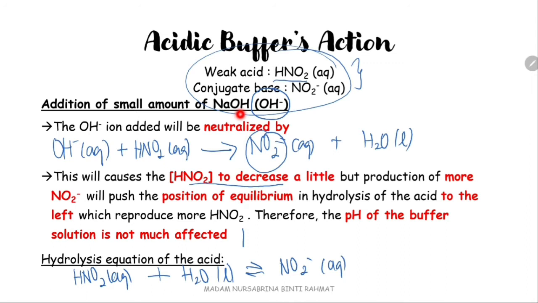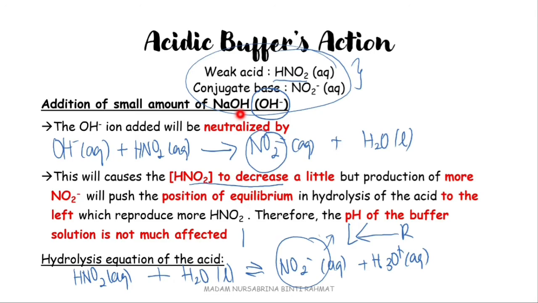We use it and now we reproduce it again by shifting the chemical equilibrium from right to left, because of the increasing concentration of NO2 minus. So reproducing the used-up HNO2, our nitrous acid, results in the pH of the buffer system not changing very much.